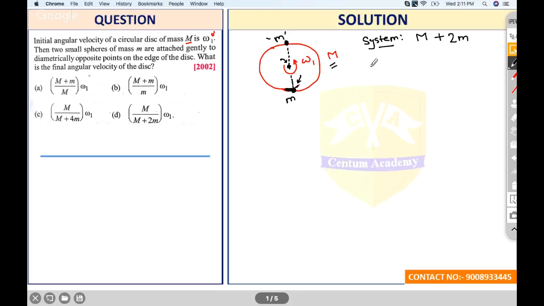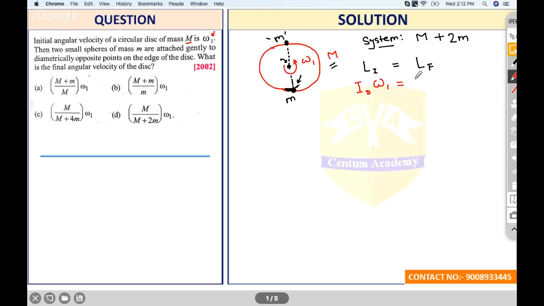Okay, so we will conserve the angular momentum. Angular momentum initially will be equal to angular momentum finally. Now this rigid body is spinning about this axis, so I can say angular momentum is I times omega. Initial angular momentum is I of the disk times omega 1.